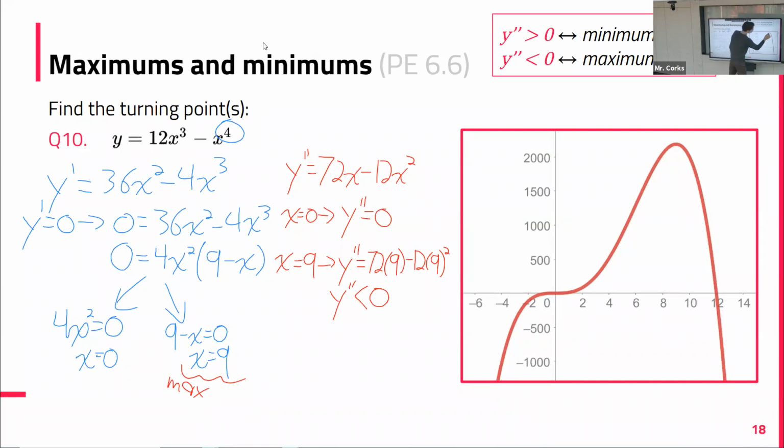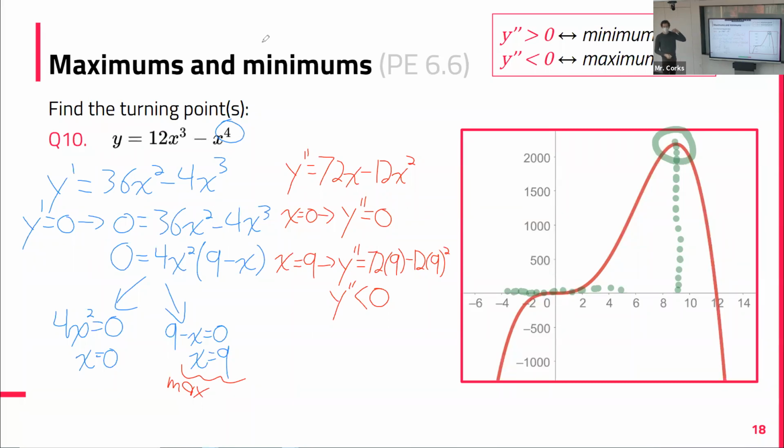And we can see when x equals 9, we have this maximum point here. Our slope is flat there. So that one's easy. But then we also have this other point where x is equal to 0. This is our thing where the slope is going perfectly flat, but then continuing in the same direction. So this is our case.